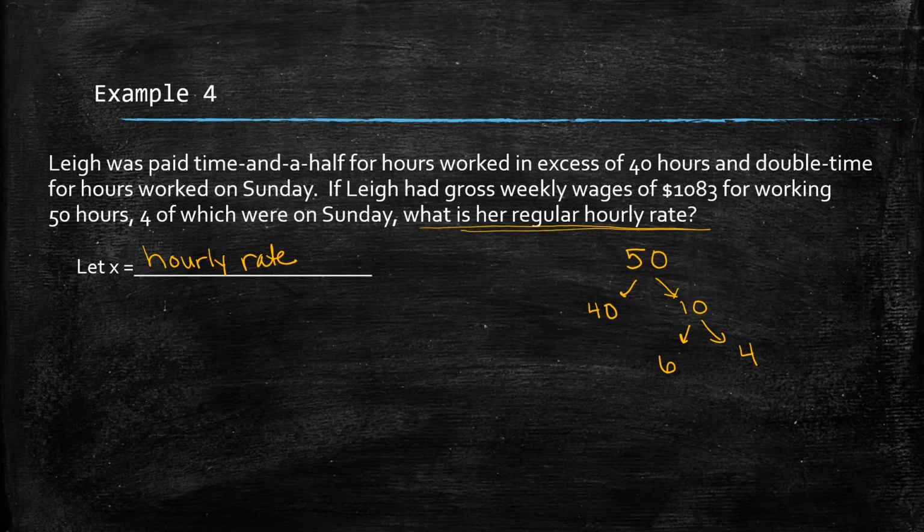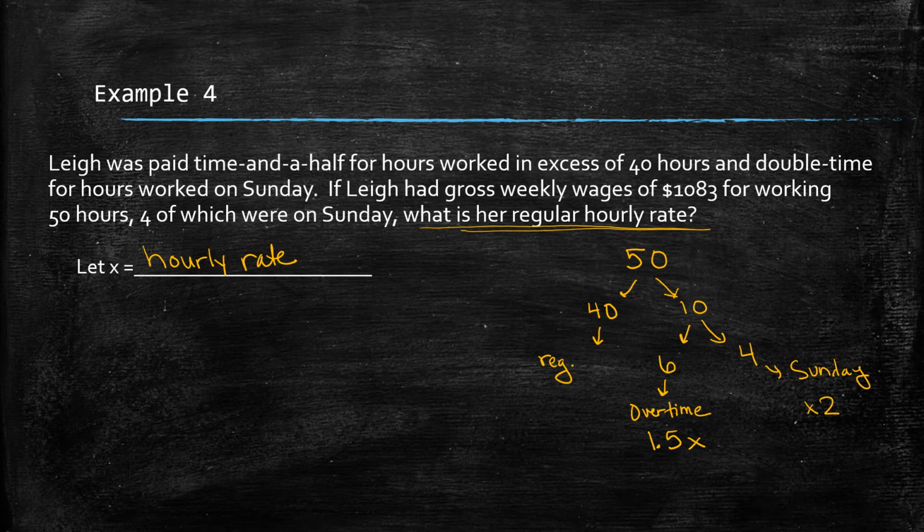So 4 hours on Sunday, and she gets paid double time, so I'm going to write a times 2 here for Sunday. These 6 hours were extra, so overtime, and she gets paid time and a half, so that's 1.5x. For the first 40 hours, she gets paid her regular hourly rate.